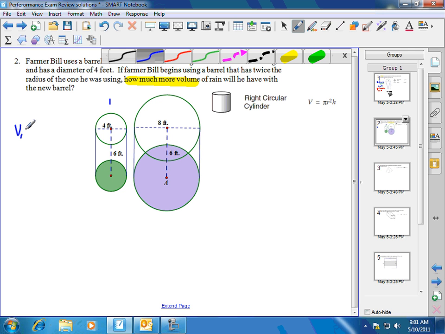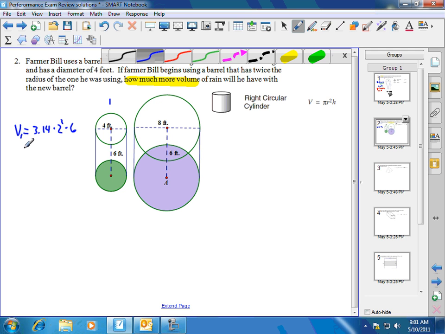The volume of cylinder 1 is equal to pi, which we're going to approximate as 3.14, times the radius squared. The diameter is 4, so the radius is half of that. That's 2. Go with 2 squared times the height, which is 6. So we have 3.14 times 4 times 6. 3.14 times 24 is 75.36.